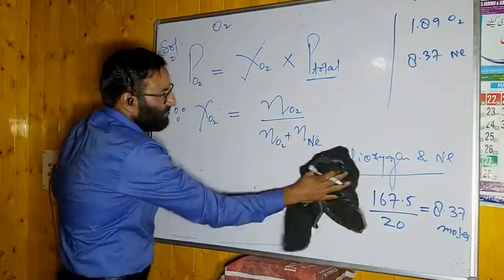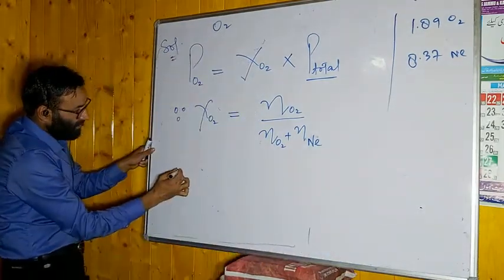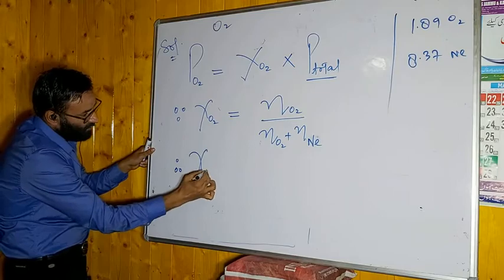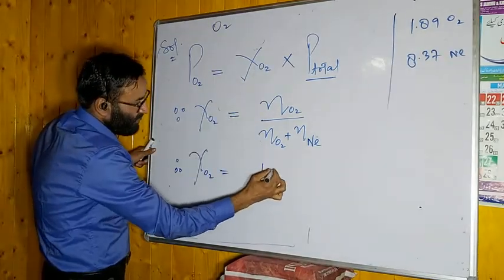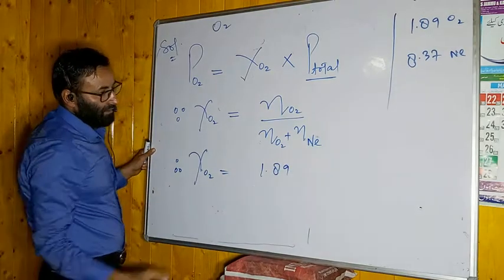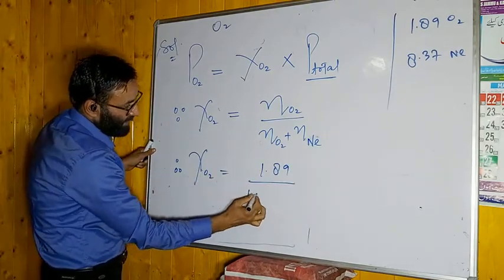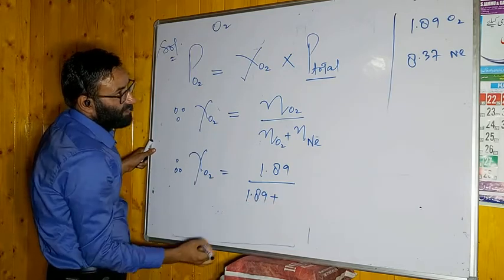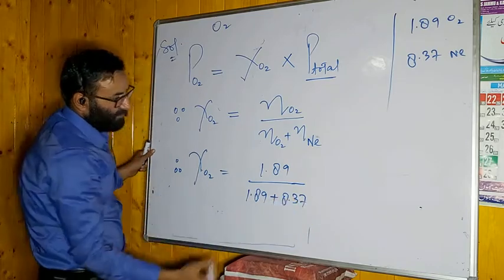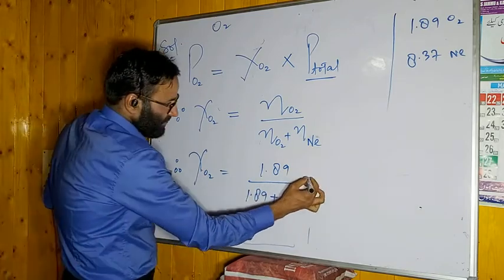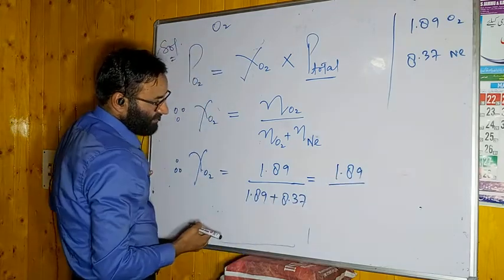Now you can make this formula. Mole fraction of O2 will be equal to number of moles of O2, 1.89, divided by number of moles of O2 plus number of moles of neon, 1.89 plus 8.37.